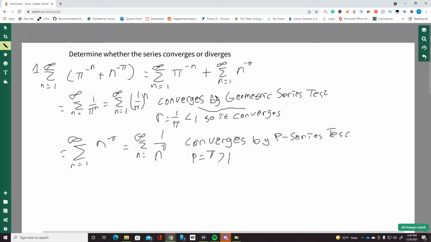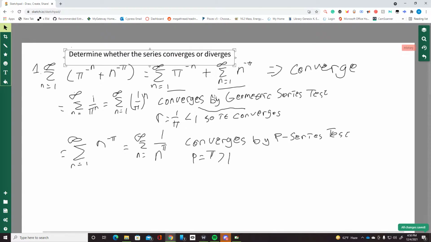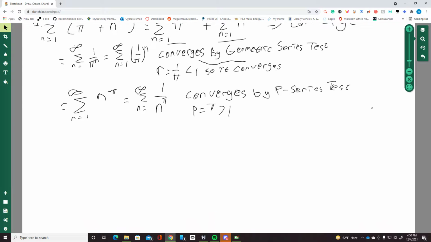Simple enough. And because this converges and the other converges, we can conclude the series converges because they both converge. Simple enough, but it takes a while.